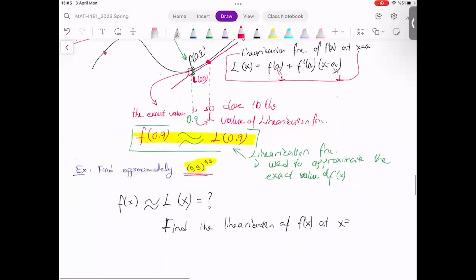So for your point a here, you need to choose the closest integer to this number. That closest integer will be the point where you draw your tangent line. So the closest integer was 1 in our figure, and it will also be 1 in this particular example because 1 is the closest integer to 0.9. The closest integer we should choose.